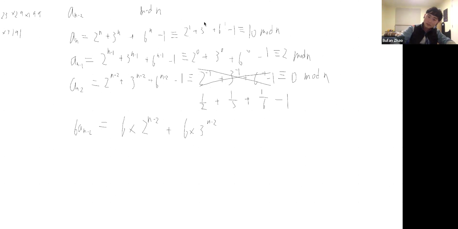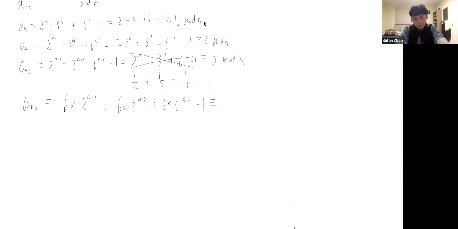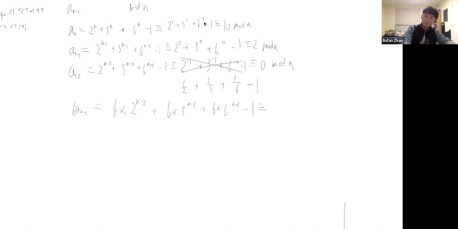Now, can someone tell me what this expression evaluates to according to Fermat? My pronunciations are bad, but yeah, what does this evaluate to, guys? Remember that we're allowed to multiply remainders as if they're normal numbers.